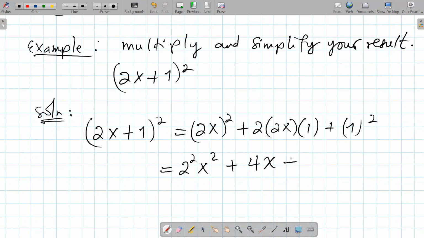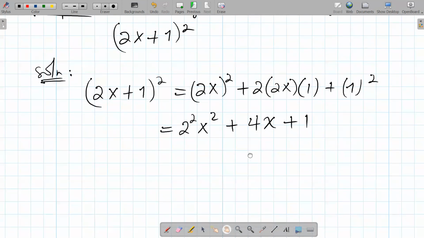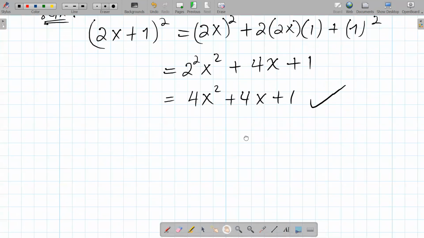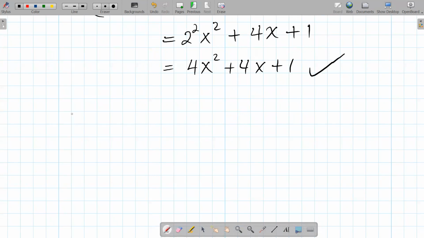And then when you square 1, it's still 1. And when we combine the numbers, this is going to give me 4x squared plus 4x plus 1. So it's not too bad. Just do one more.